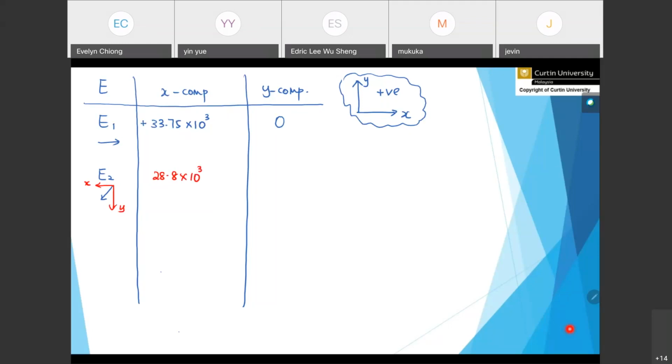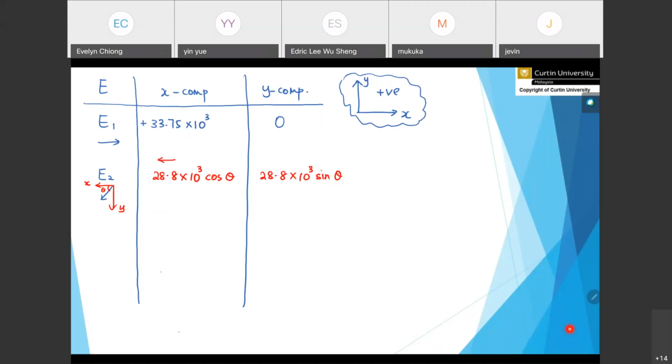Let's say this is the angle. So this one is cos theta, and the other one will be sine theta. Cos is adjacent, sine is opposite. Now I look at the direction. The x is pointing to the left, right?